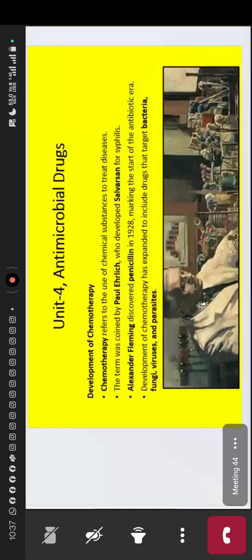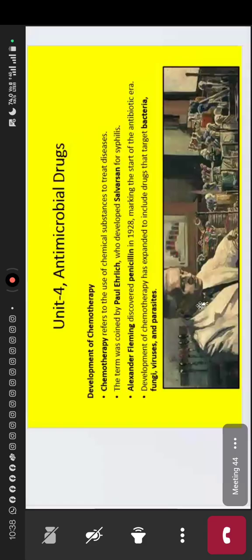So chemotherapy, which means treatment of the patient with chemicals, was given by a scientist known as Alexander Fleming. Alexander Fleming is the one who discovered penicillin. He gave the world the first antibiotic, penicillin, which is effective against bacterial infections.